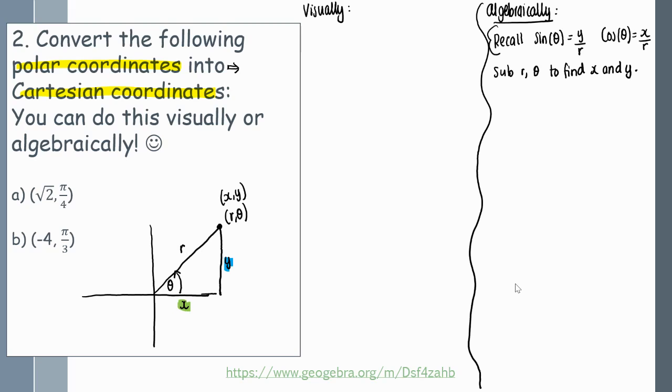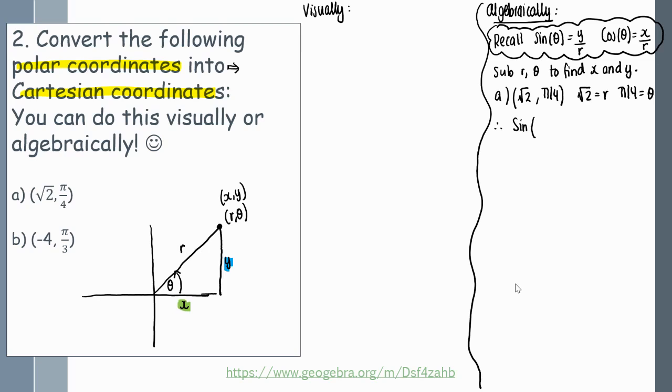Okay, let's have a go. For A, I know the polar coordinates are root 2, comma, pi on 4. We're going to change this to Cartesian. So r is given by root 2, and pi on 4 is equal to theta.